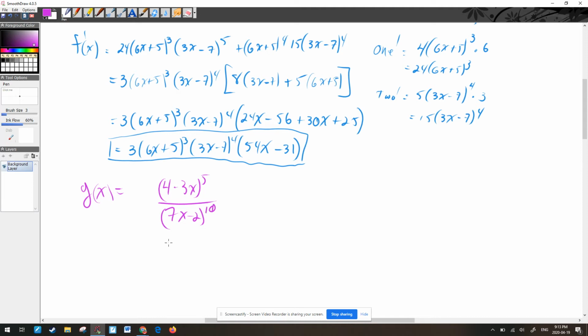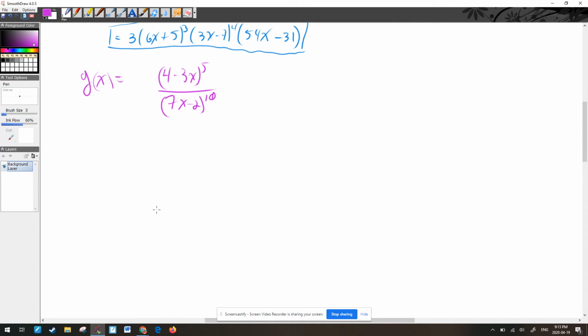Make it big. All right, so from here, we could either break into quotient rule, or we could pull this up and make it a product rule question. Either way, perfectly acceptable. I think in these ones, probably quotient rule is marginally easier, but I don't know.